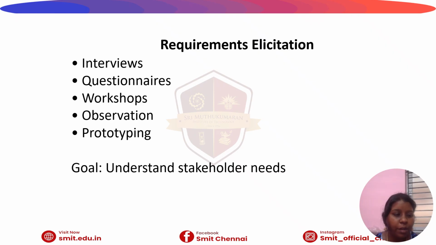A questionnaire is nothing but asking general questions to a large group, and in this method we collect the requirements. A workshop is nothing but a group discussion. Here all the customers or clients will be in a group, and the stakeholder gets the requirements from the clients and summarizes all the requirements. Next is the observation.